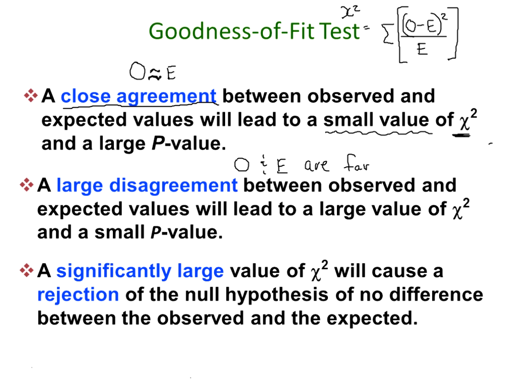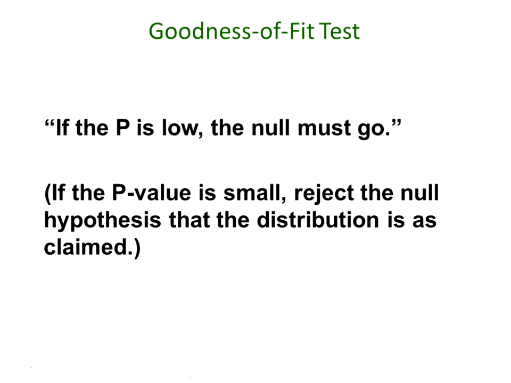So this will give you a large value of chi-squared. A large value of chi-squared will end up with a small value of p. So remember that: small chi-squared, large p.